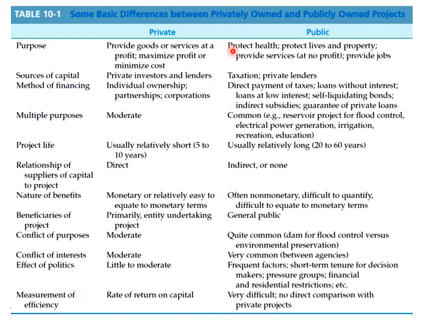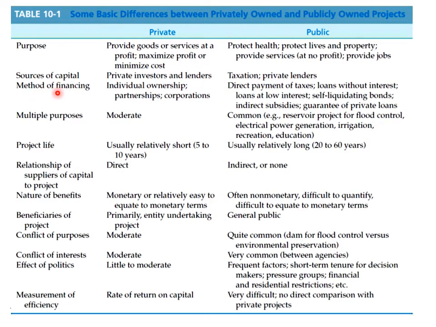It can be the protection of health, protect lives and property, provide services at no profit, and provide jobs, and similar objectives. The sources of the capital in private projects, the source is the investors and lenders. But usually in public projects, the source is the public, the tax earnings, and it can also be private lenders.